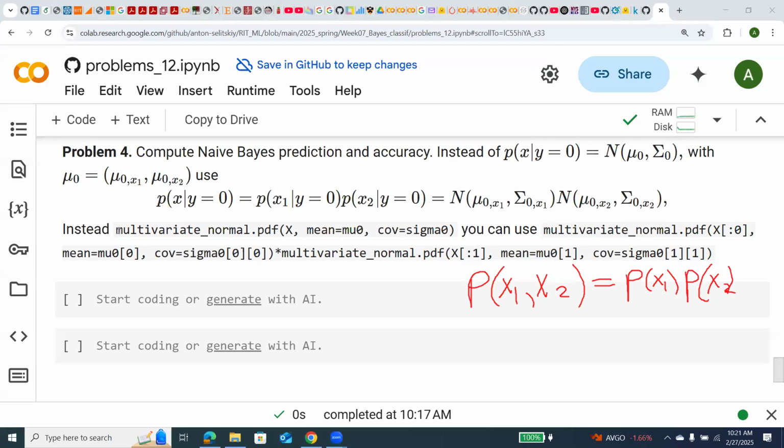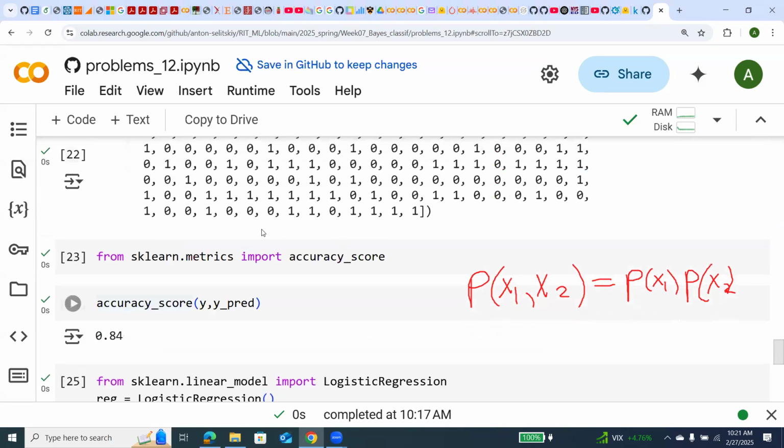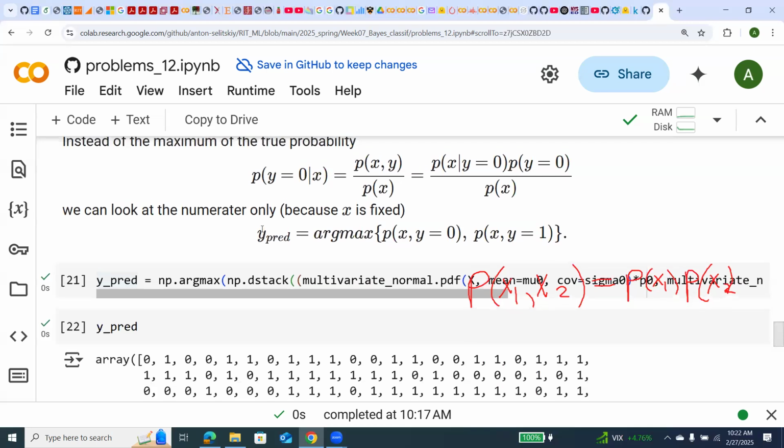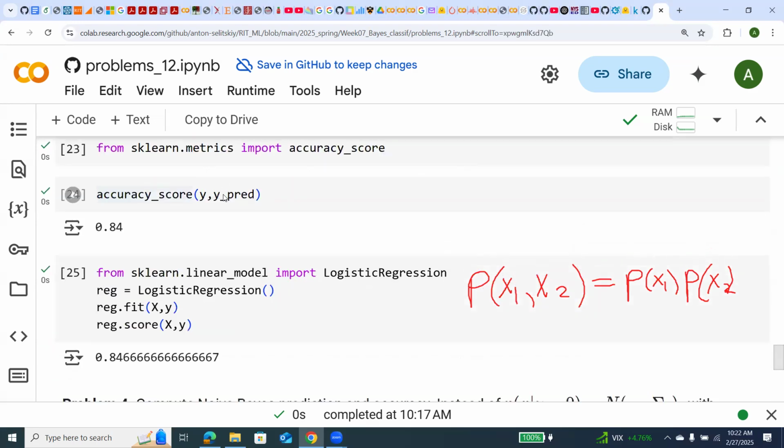Okay, so the first step is to calculate, instead of the joint distribution, the distribution only for the first coordinate and then for the second coordinate. I will just copy paste y pred and make changes.